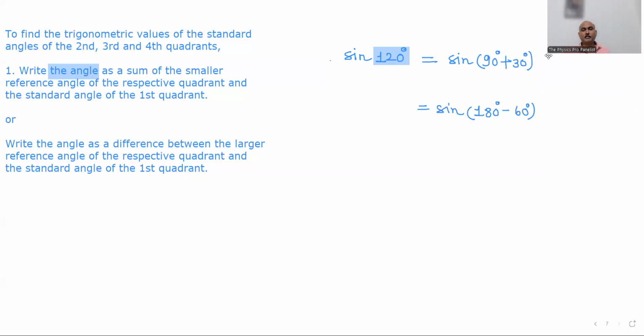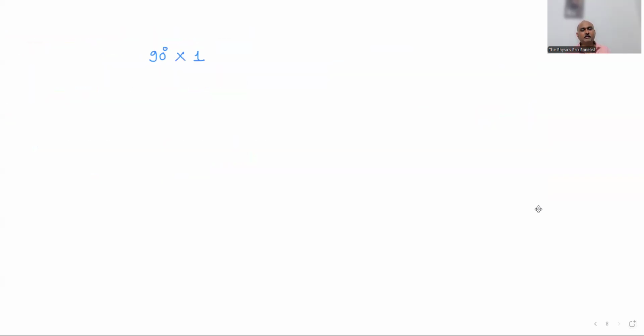Now, before I move ahead, these are 90 into 1. These are the reference angles. 90 degrees. 90 into 2, 180 degrees. 90 into 3, 270 degrees. 90 into 4, 360 degrees.